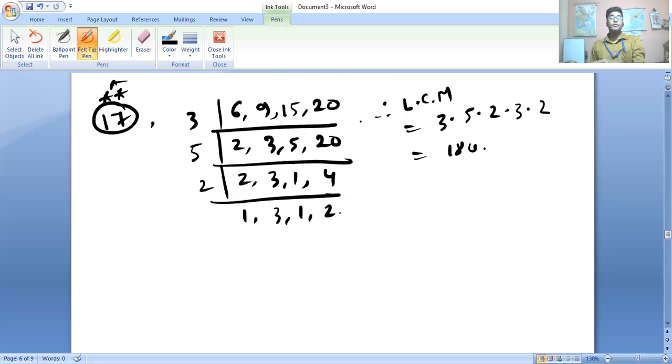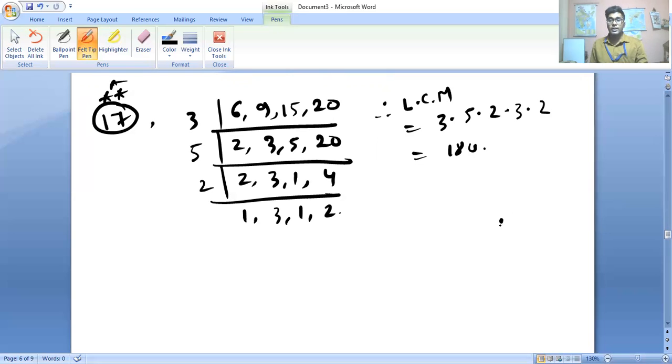Always remember this: if a number is exactly divisible by the given numbers, then its multiple is also divisible by the given numbers. So 180 is divisible by 6, 9, 15, 20. Therefore, the multiples of 180 will also be divisible by these. We can multiply 180 by any number. Now the question says we need to find the least square number. That means we have to find what number we should multiply by 180 to make it a perfect square.